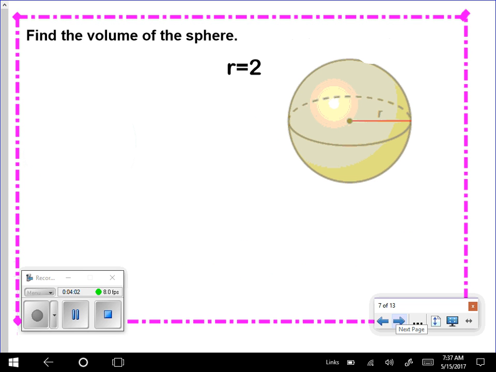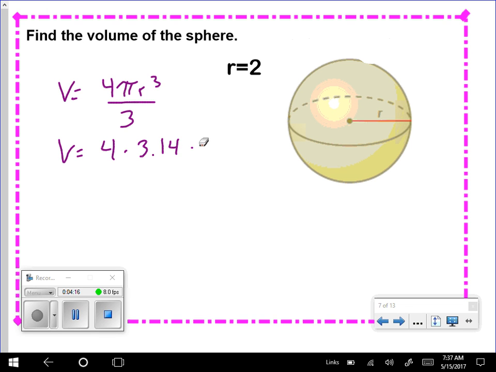Okay, next example, we have a radius of 2. So similar process, 4 times pi r cubed divided by 3. So 4 times 3.14 times 2 cubed divided by 3.